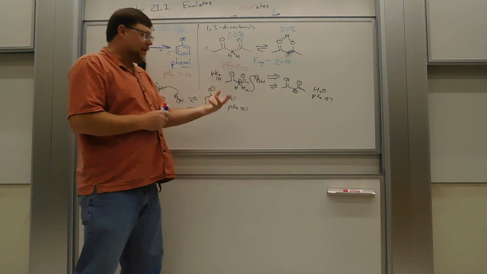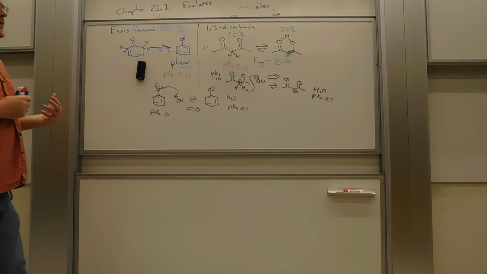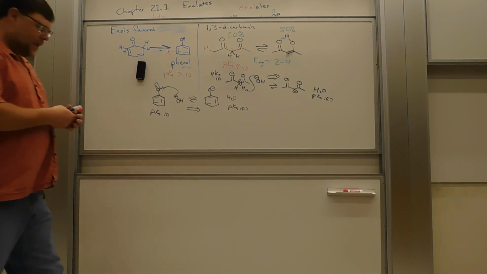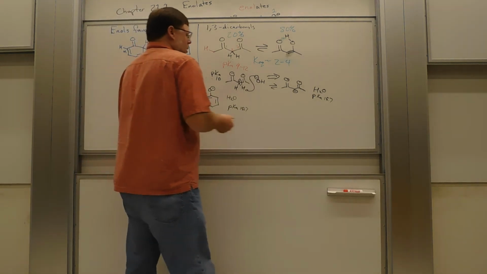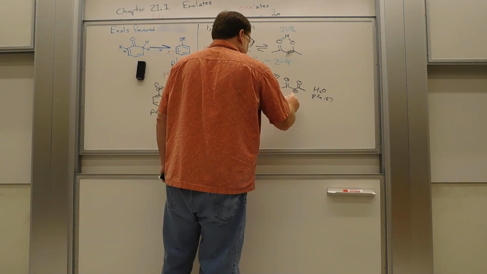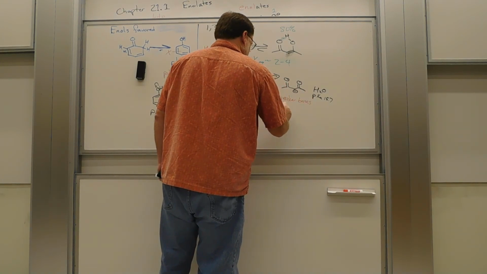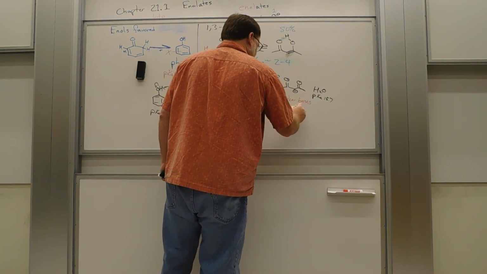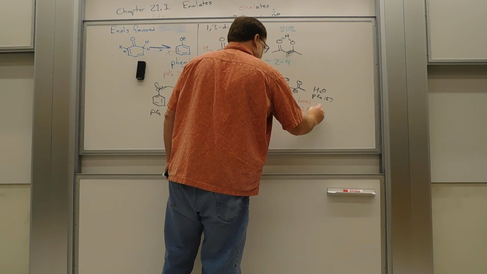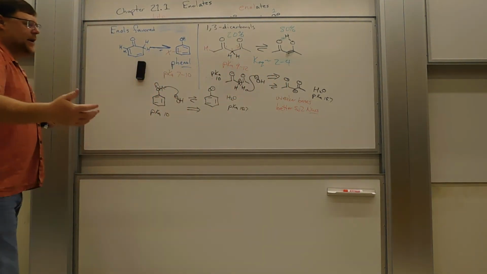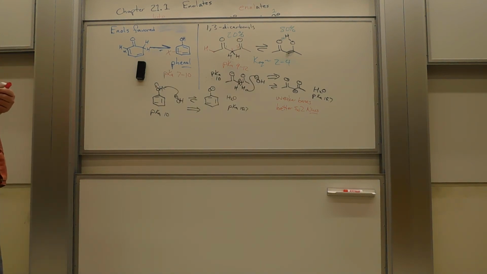Dicarbonyl enolates are much weaker bases. They're much more stable than a single carbonyl enolate. And so these are weaker bases, better SN2 nucleophiles. Because they're a weaker base, the competition with the elimination of a potential E2 reaction is less.